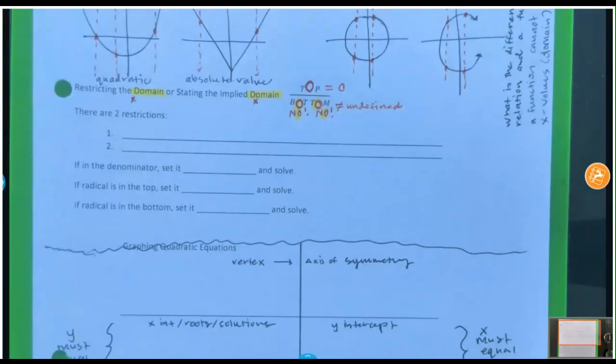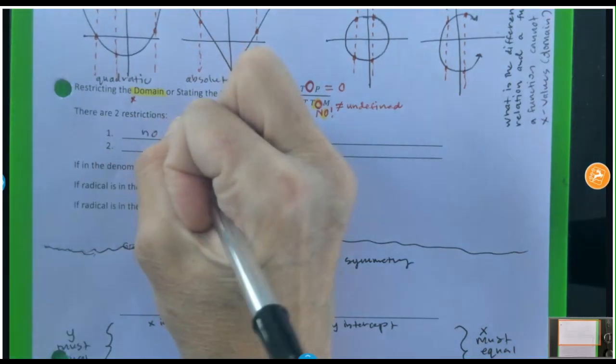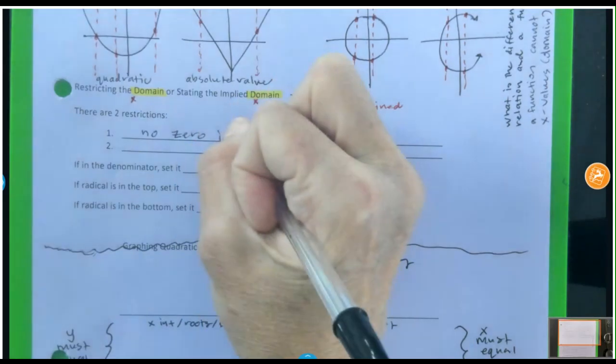Now, based on that, we've gotten one of our restrictions. One of our restrictions for X, we just determined. What did we just say you could not have in the bottom? 0. That's the first restriction. So number 1, no 0 in the denominator.